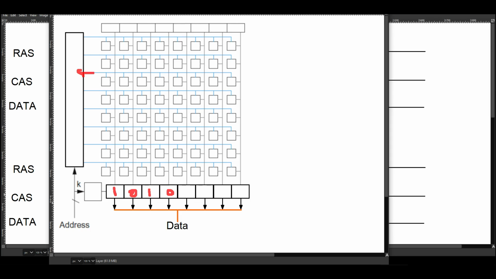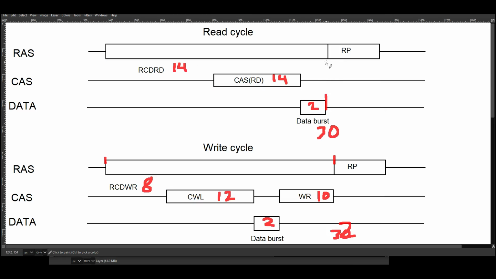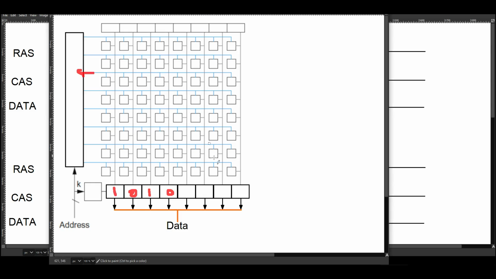And because of this, the pre-charge can actually start not when the burst is finished, like we see in this diagram here, but after the data has actually left the sense amplifiers. So the data might be down on its way through the memory bus here, and it's already left the sense amplifiers, so we can start the pre-charge already.